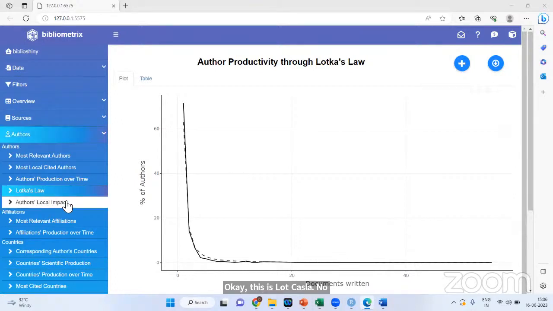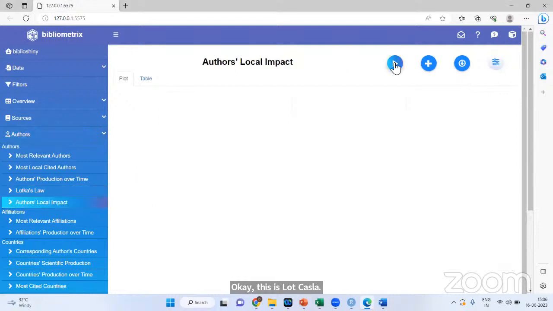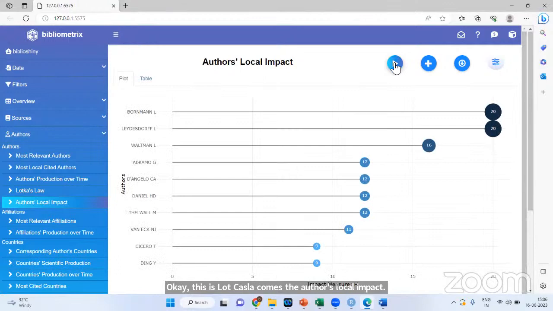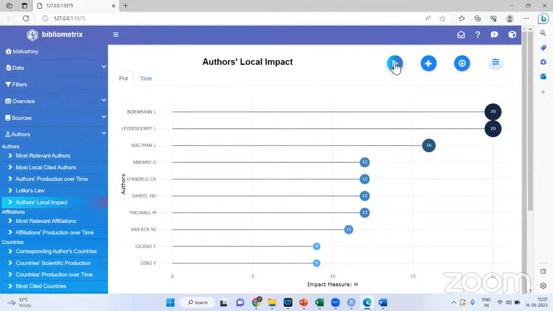Now comes the author's local impact, the impact of an author in his or her own country. Now the most relevant affiliations.